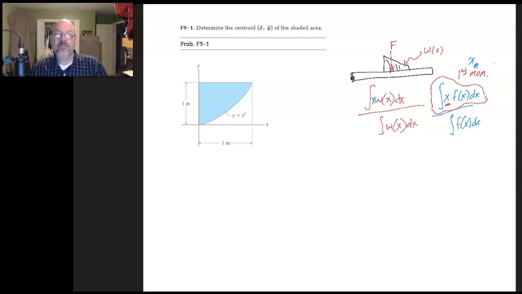There are second moments, which is when you do an x squared, and third moments, which is an x cubed, et cetera. We're not interested in those other things right now. I just want to get you back in the frame of mind of what we're going to be doing. We're going to be finding an average value, which means we'll use this moment integral, and then we'll need a total integral.